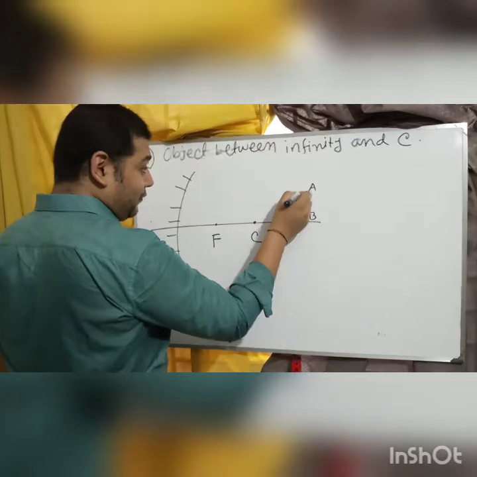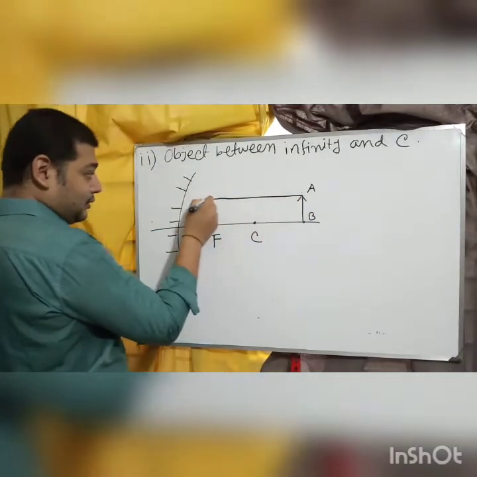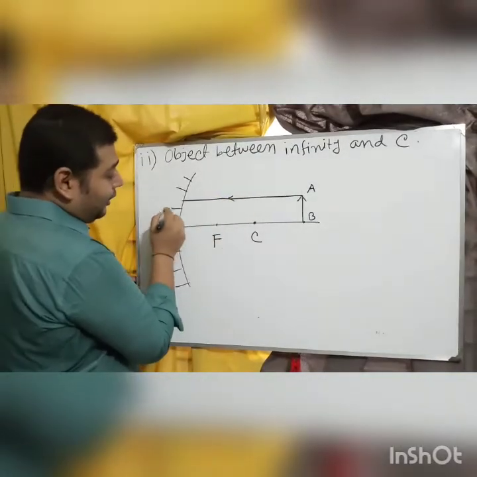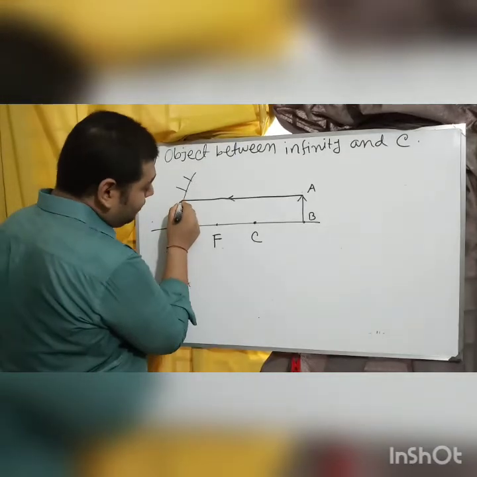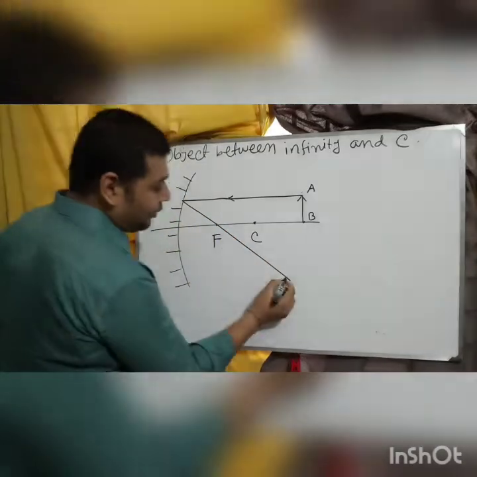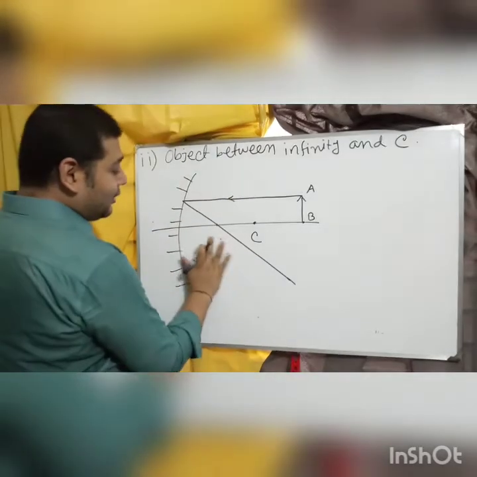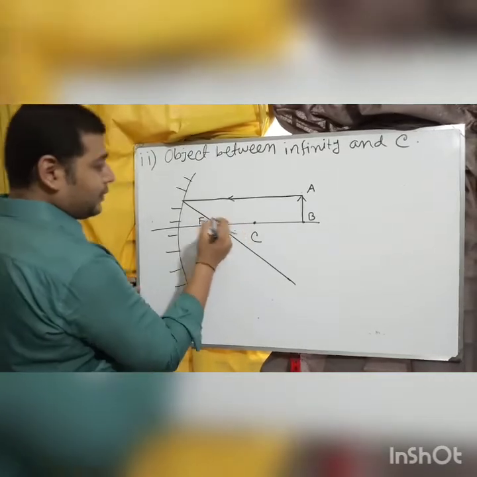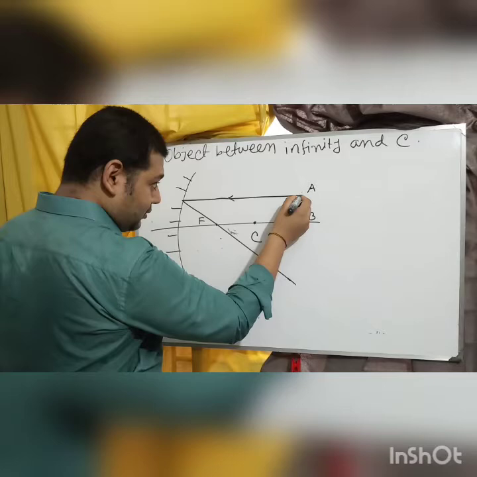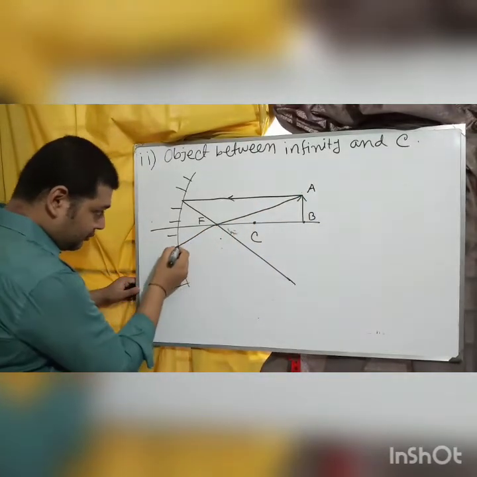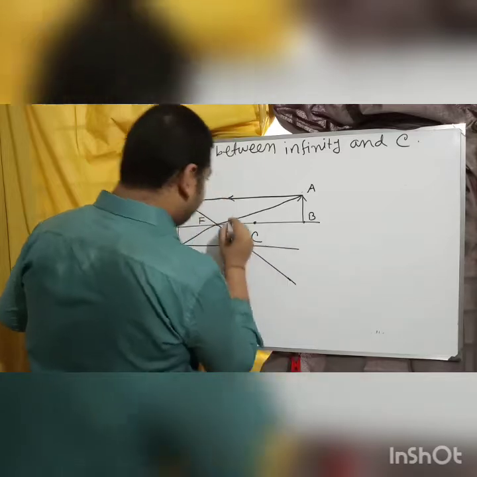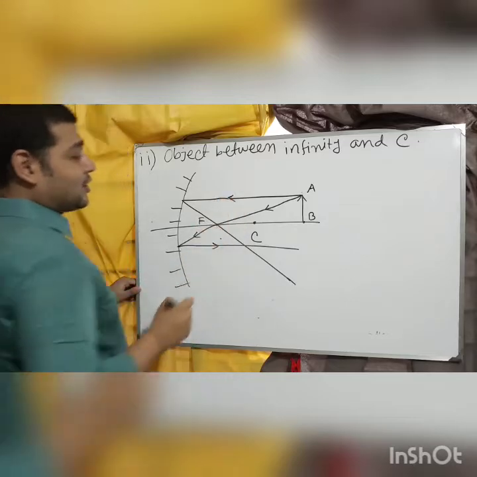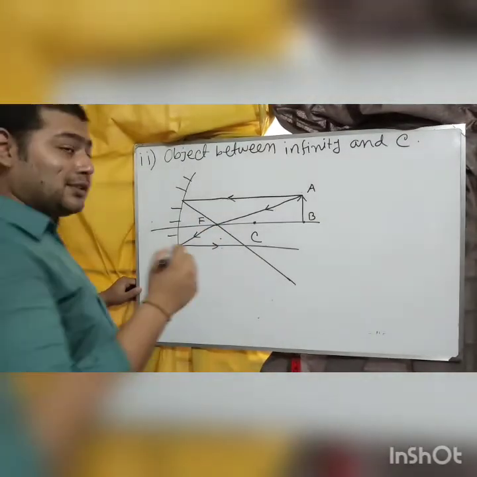One ray from the top of the object goes like that, and it reflects through the focus point, and another ray comes and reflects. You should also show the direction of the ray, it is very important.